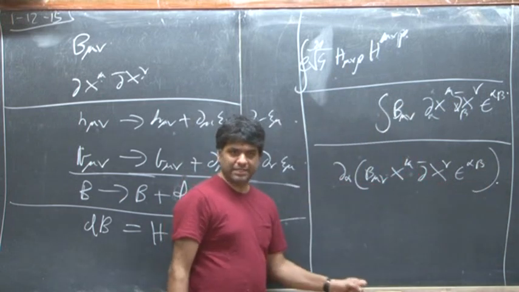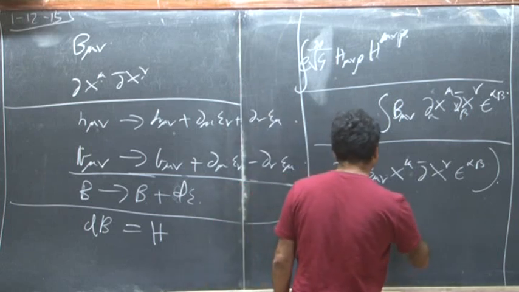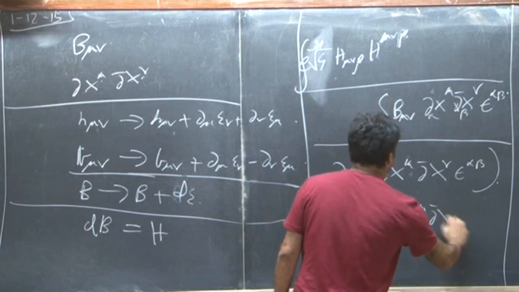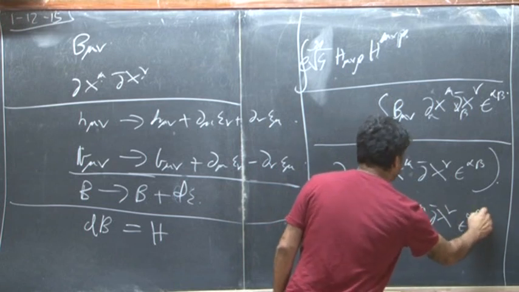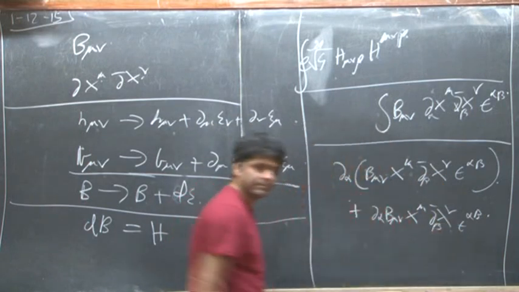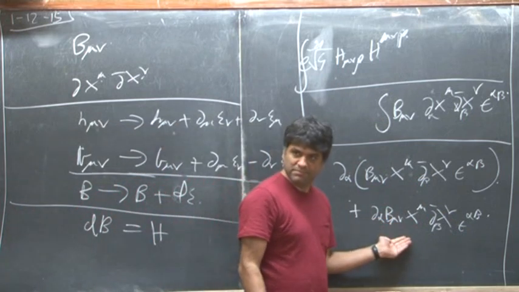And if B is not a constant, I will in addition have plus del alpha B mu nu x mu del bar x mu epsilon alpha beta. Okay? When B is a constant, this is 0.